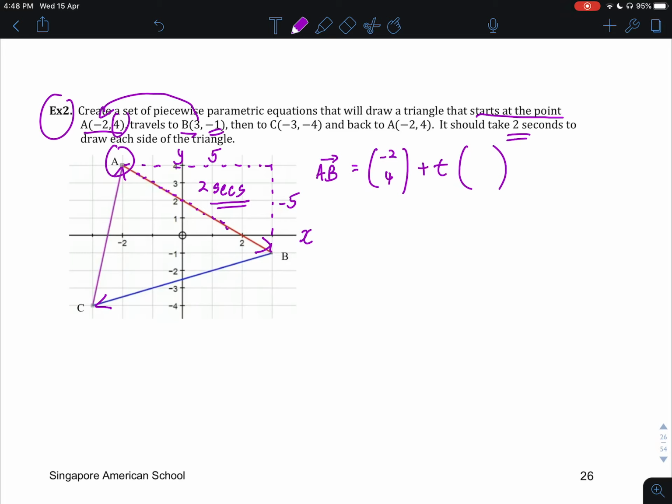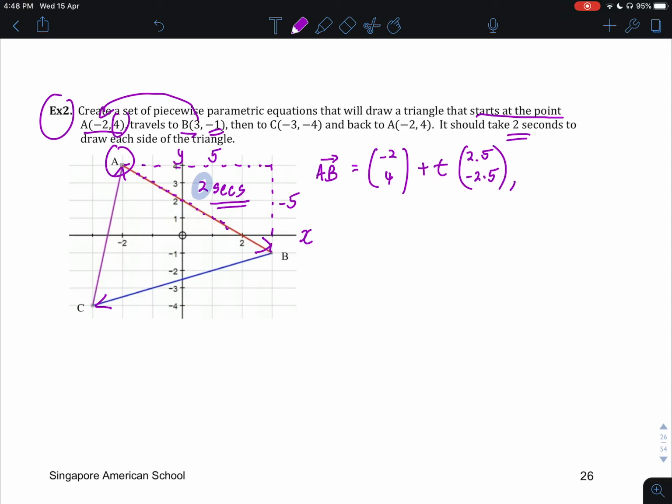Now the next thing I need to take into account is that this has taken 2 seconds, and my parametric equation with the time parameter t describes the motion per second. If the total movement is 5 right and 5 down over 2 seconds, then it must be 2.5 to the right and 2.5 down per second.